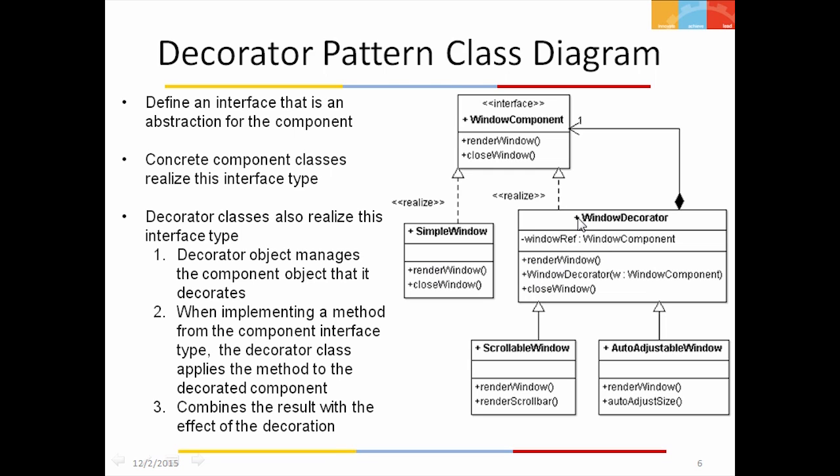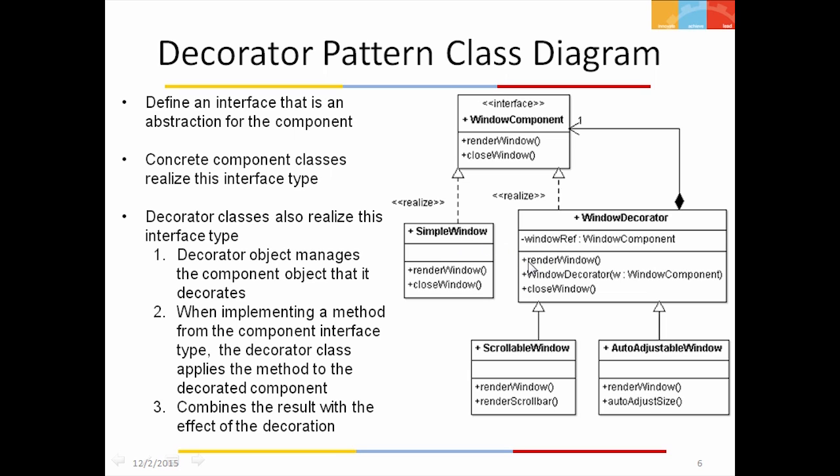When window decorator is created, it takes an argument which is of type window component. One can supply, for example, a simple window as a parameter here. Now this decorator is going to manage this simple window, plus it will add additional functionality.